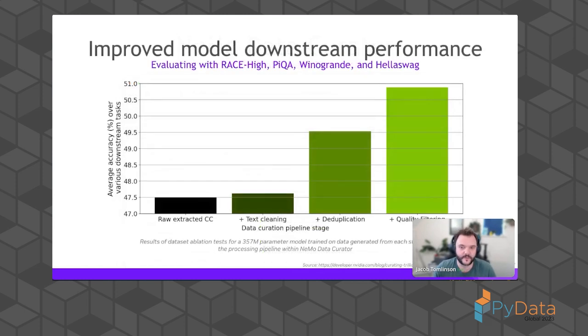And to highlight why, the group did a bunch of benchmarking of the effect of doing data preparation and data cleaning on the accuracy of the model that's trained. One of the things I wanted to pick out here is that one of the biggest improvements in downstream accuracy is the deduplication of the data.